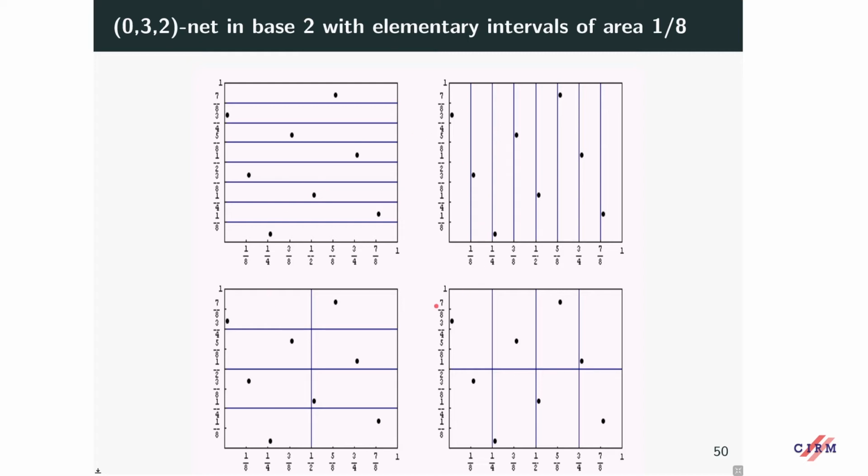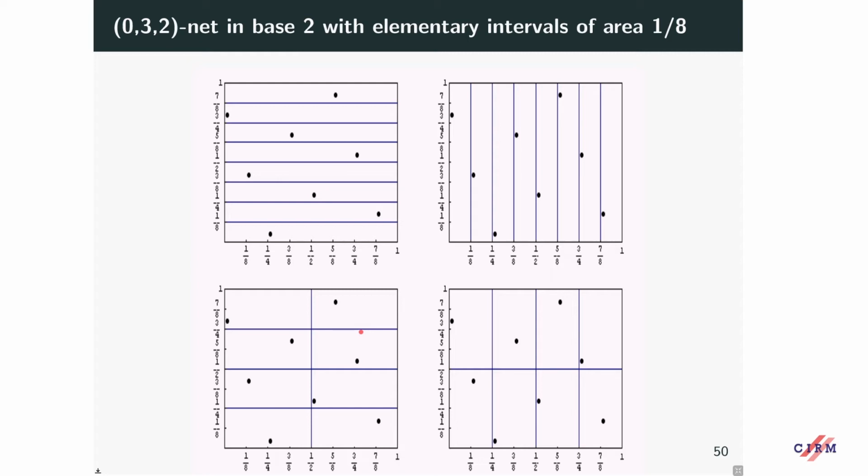So all these 4 pictures give us all possible divisions of this unit cube into elementary intervals of area 1/8 and base 2. And if you look at each case, you will see that every subinterval contains only 1 point of the sequence of the net. So that's what it means to be a 0, 3, 2 net.